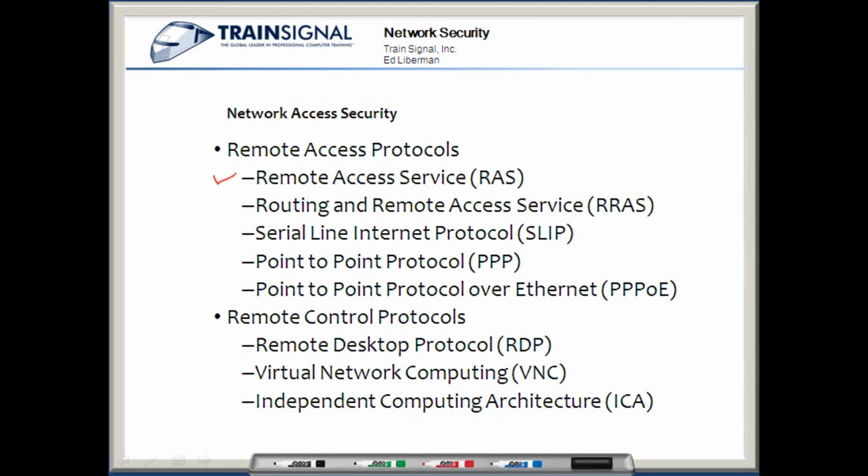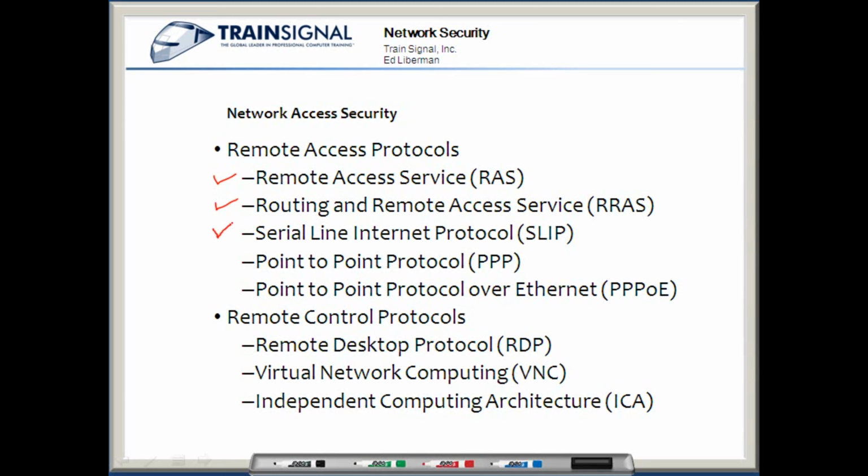Now, the remote access service is something that is used by older Windows Server operating systems. I say older because I'll move us right down a notch here to routing and remote access service, or RRAS, which is what is used by the newer Windows Server operating systems. And these are the services that allow those server operating systems to provide remote access services.